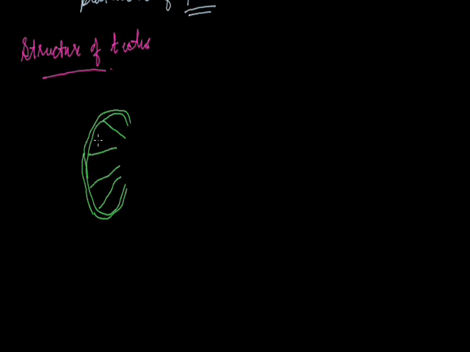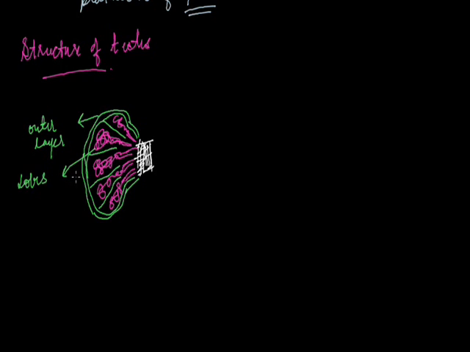Inside these, highly coiled structures known as the seminiferous tubules are present. The seminiferous tubules unite here and form a net-like arrangement which is known as the rete testis. This is the outer layer of the testis. These are the lobes, and this pink colored structure is present in the lobes.